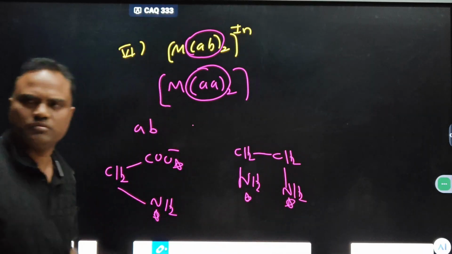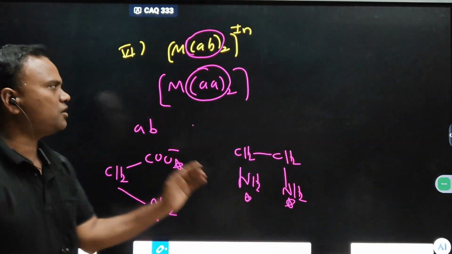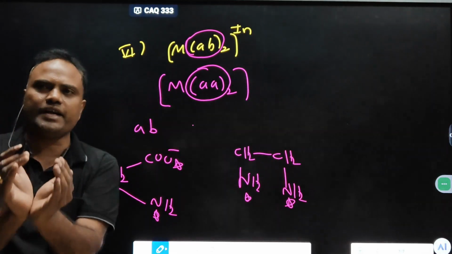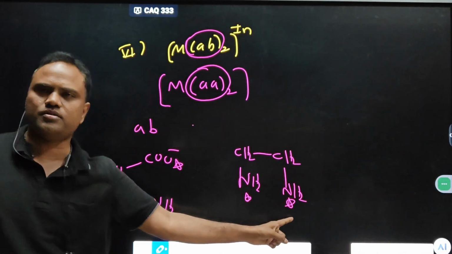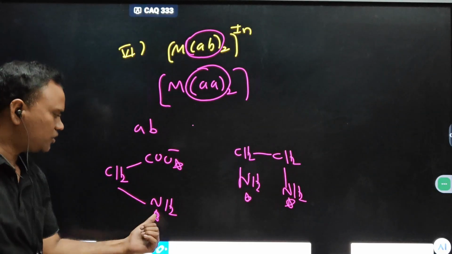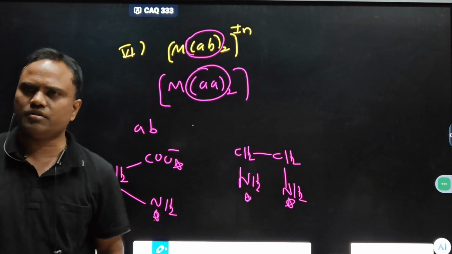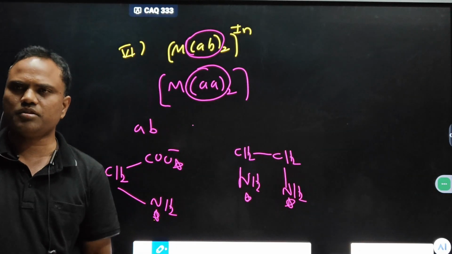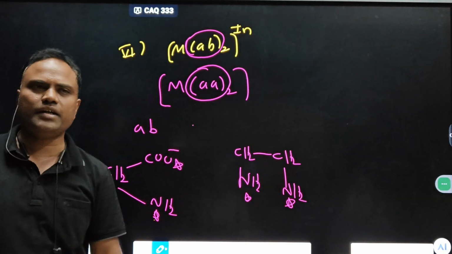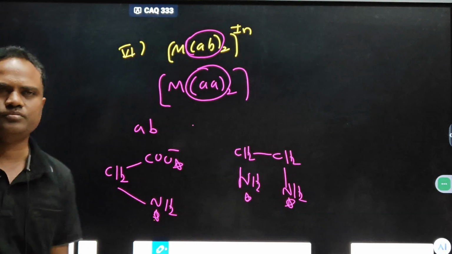Got it now? So within this square bracket, AA means it is a bidentate with 2 similar donors. AB means bidentate with 2 different donors, nitrogen and oxygen. Got it? How many bidentate ligands are there? 2. Here how many bidentate ligands are there? 2.